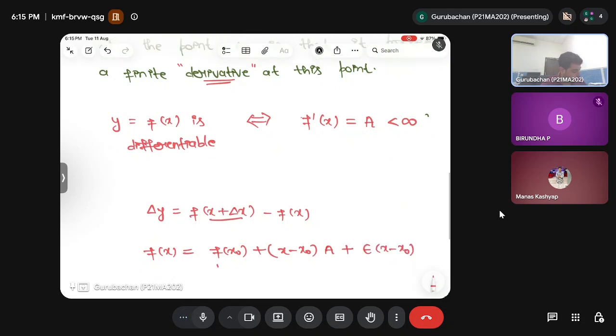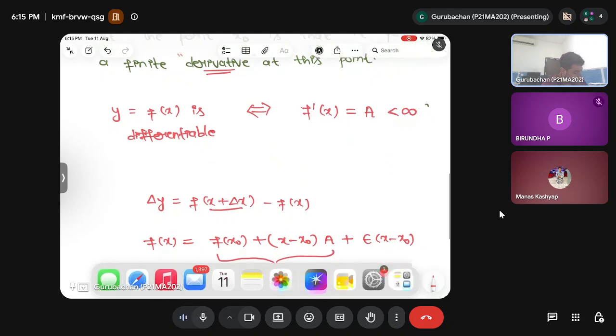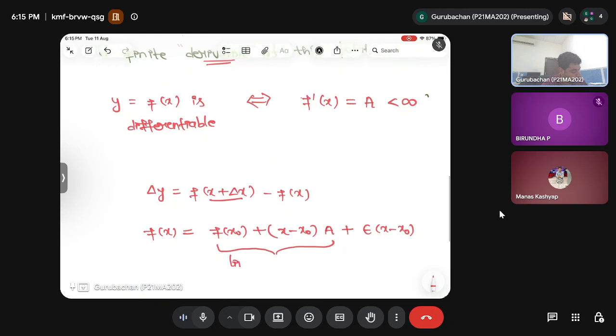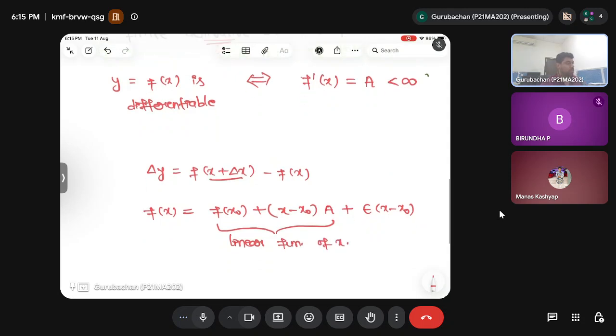And this part is known as the linear function of x, or linear approximation of f around this x naught. It is also the equation of the tangent line at x naught comma f of x naught. So this was about one variable.